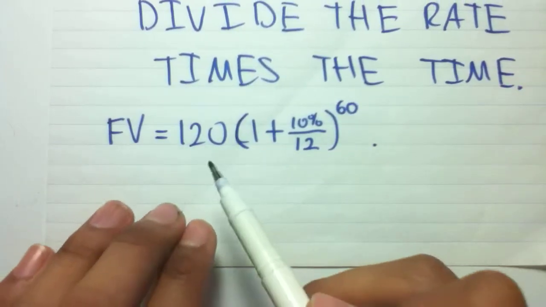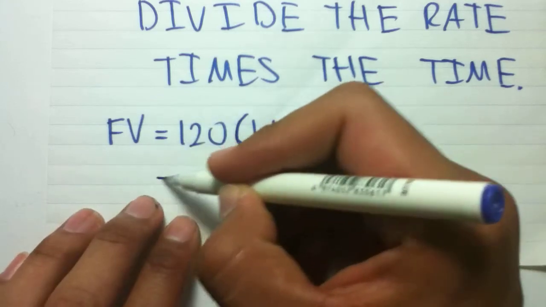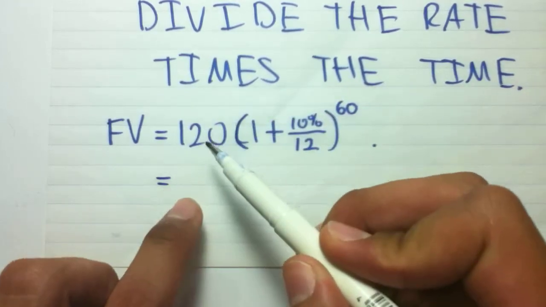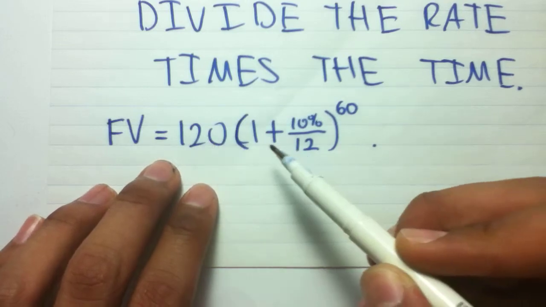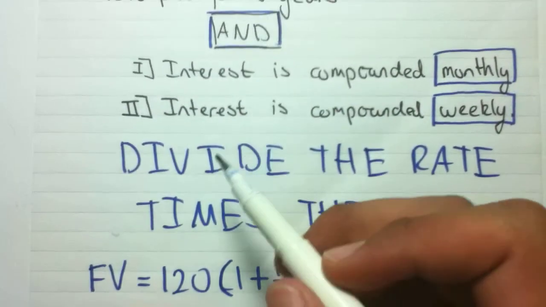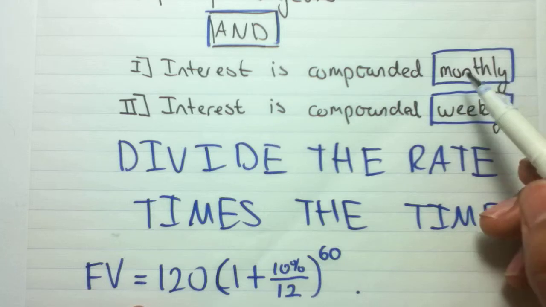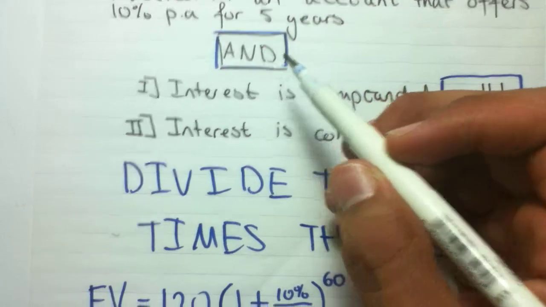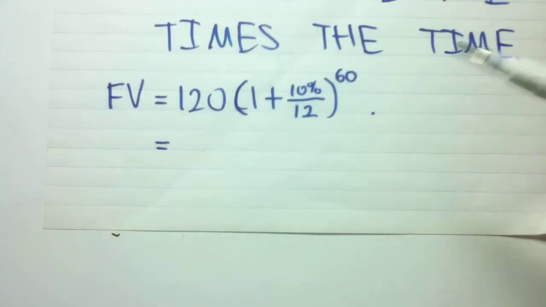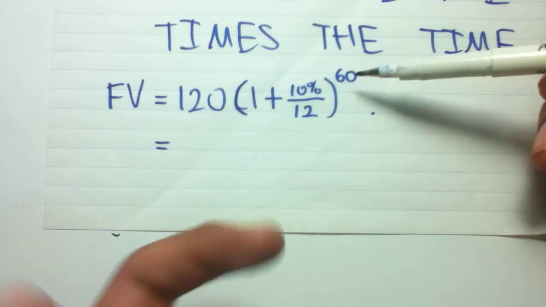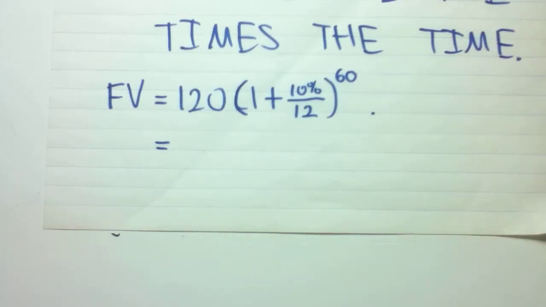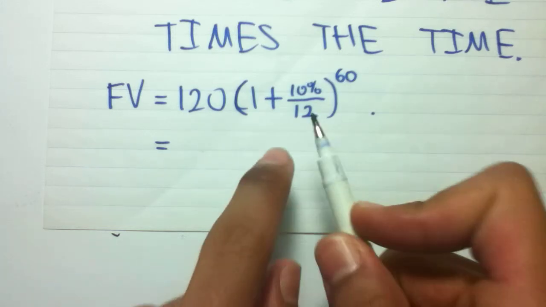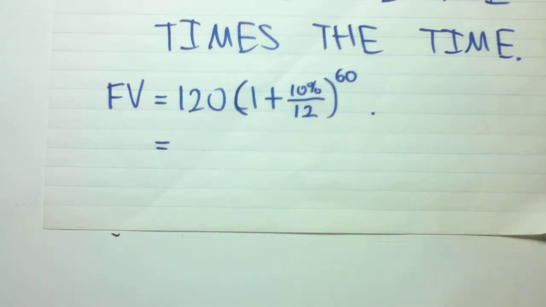And so the answer is going to be the final value of $120, given that this investment undergoes compound interest monthly for 5 years. And it makes sense. If it's going to undergo compound interest monthly, it's going to undergo compound interest 60 times. 12 times every year for 5 years is 60. And the rate has to be divided by 12.